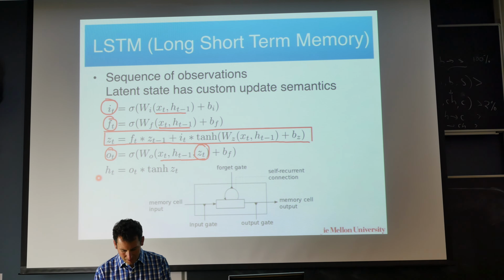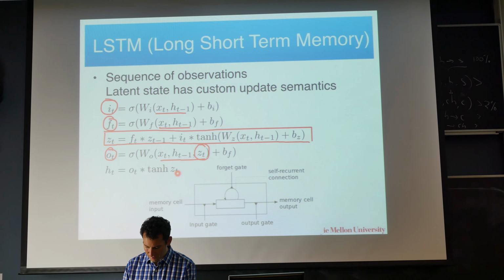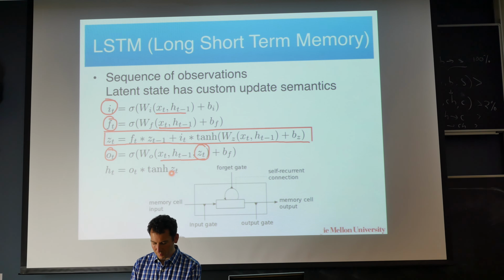And then the state that I emit is the state H_t, which is the output gate times some other nonlinearity of my hidden state.